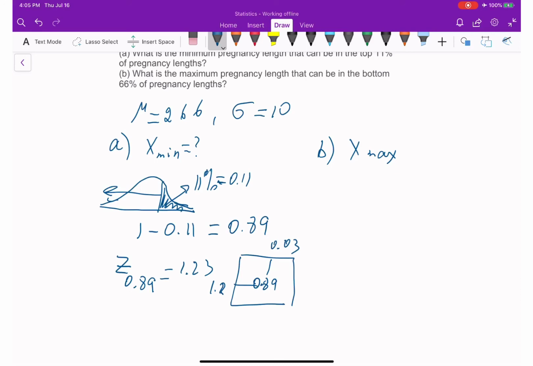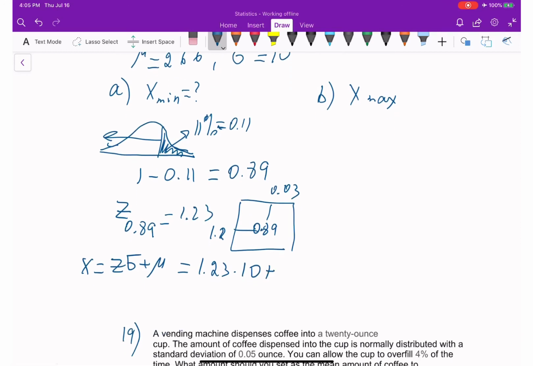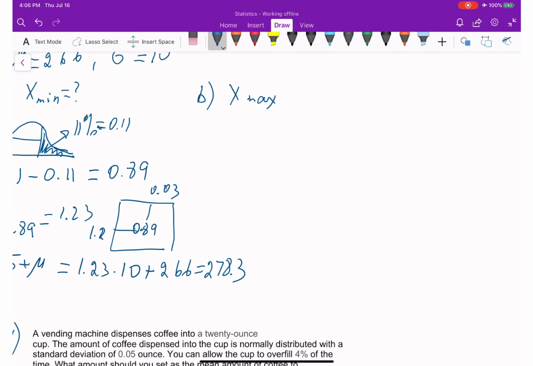Okay. So the formula for X is equal Z sigma plus mu. We have Z 1.23, we have sigma, which is 10, and plus mu is 266, and the answer is 278.3.